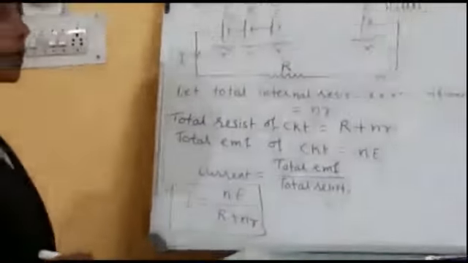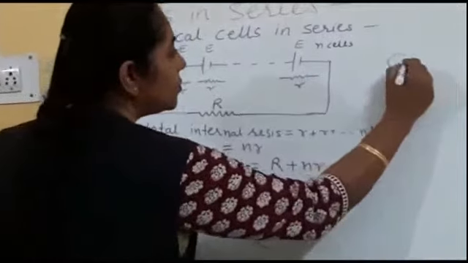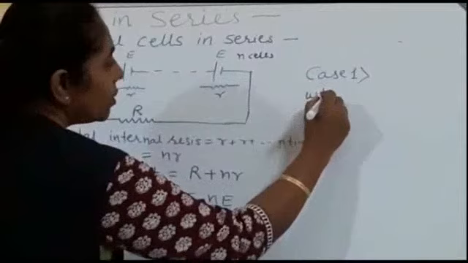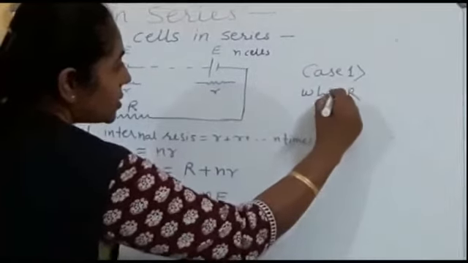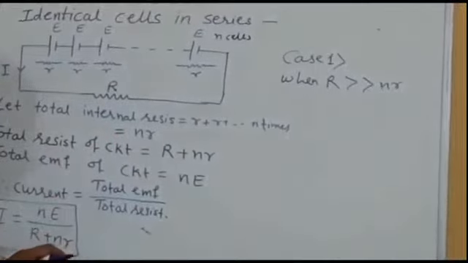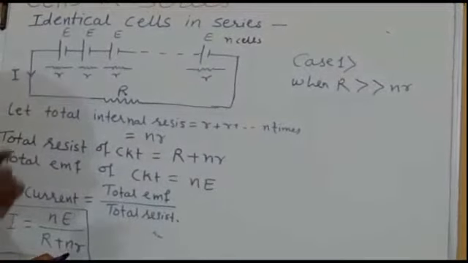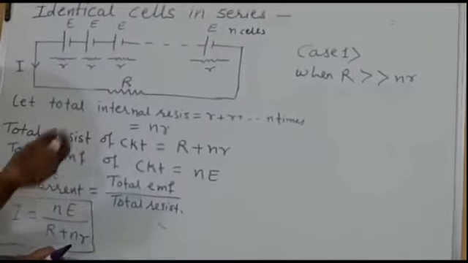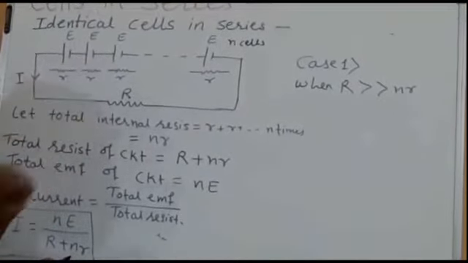Now we will discuss the cases. Case 1. First case, when R is greater than nr. What it shows? That the internal resistance is very less as compared to the external resistance. Means your cell is freshly prepared.